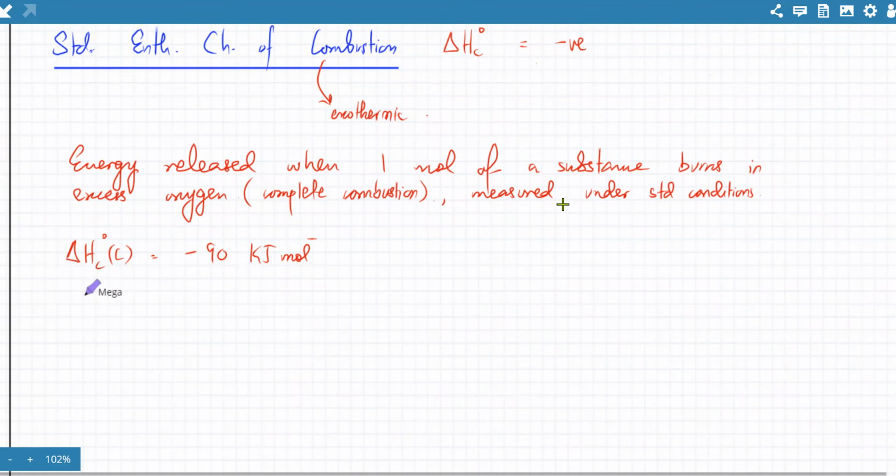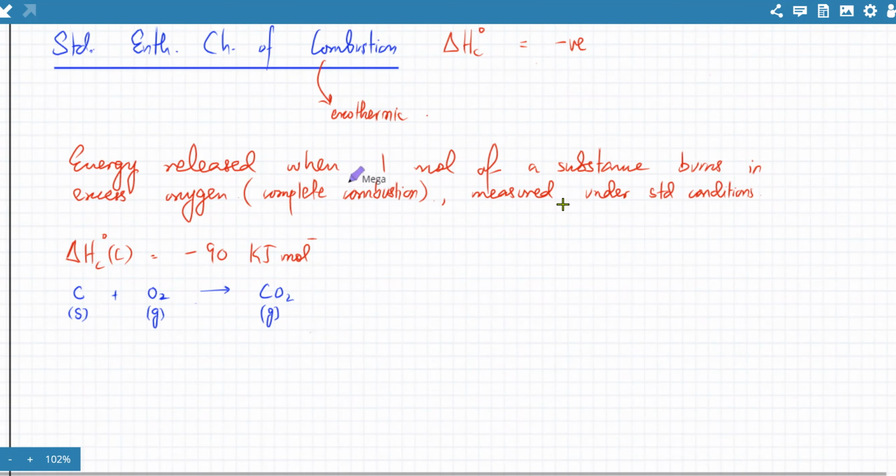It's the reaction when 1 mole of carbon burns in oxygen to produce carbon dioxide. Since it's measured under standard conditions, everything should be in its standard state. This is the reaction that they are talking about.